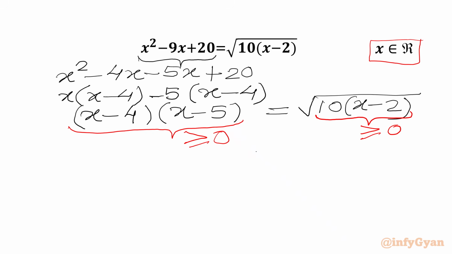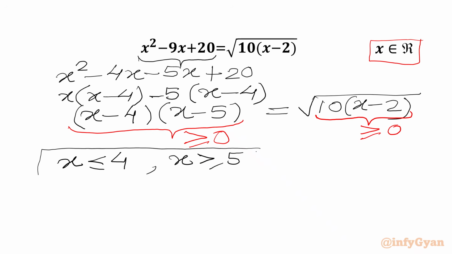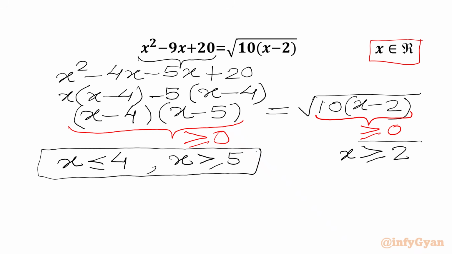We can write either x should be less than or equal to 4 or x should be greater than or equal to 5. This is from LHS. And from RHS, we'll write here x should be greater than or equal to 2.